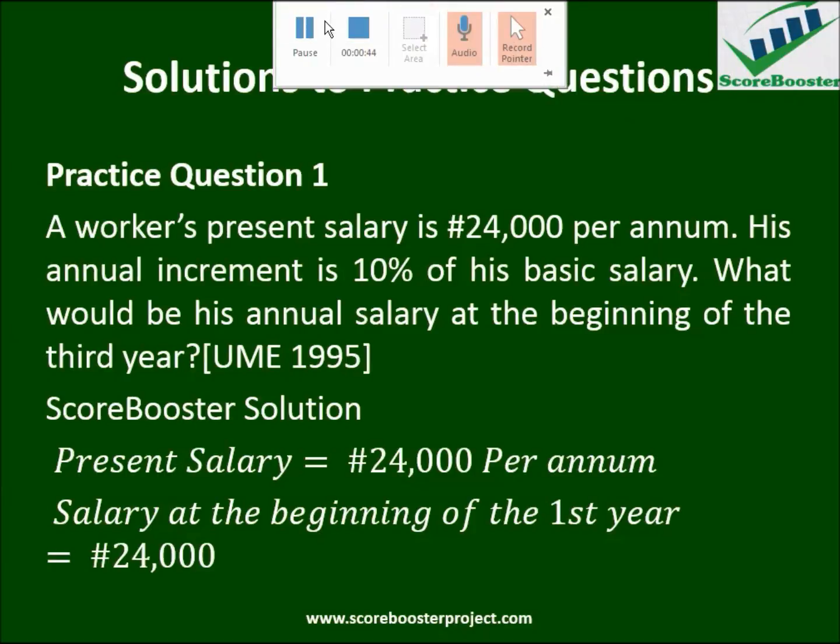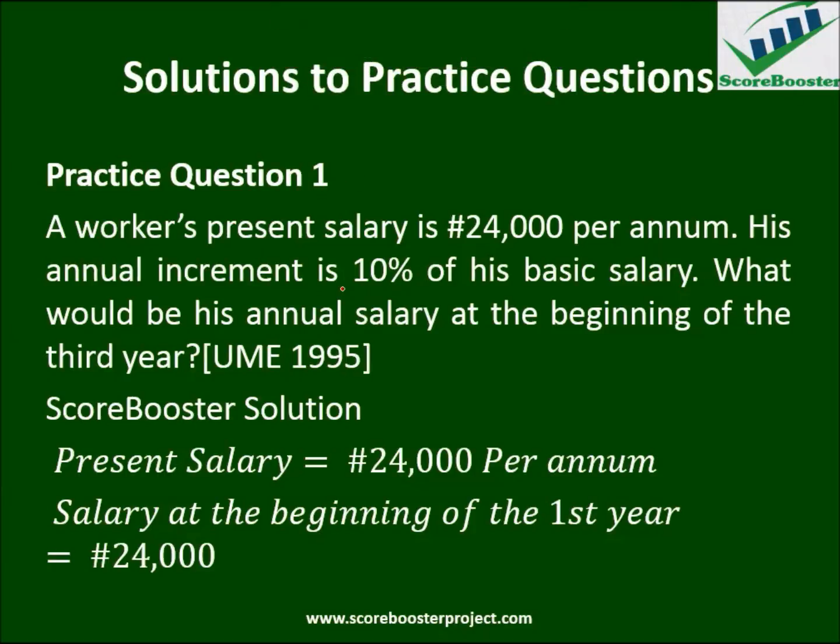Practice question 1. A worker's present salary is 24,000 naira per annum. His annual increment is 10% of his basic salary. What will be his annual salary at the beginning of the third year? This question is from UTME 1995. So the ScoreBooster solution.